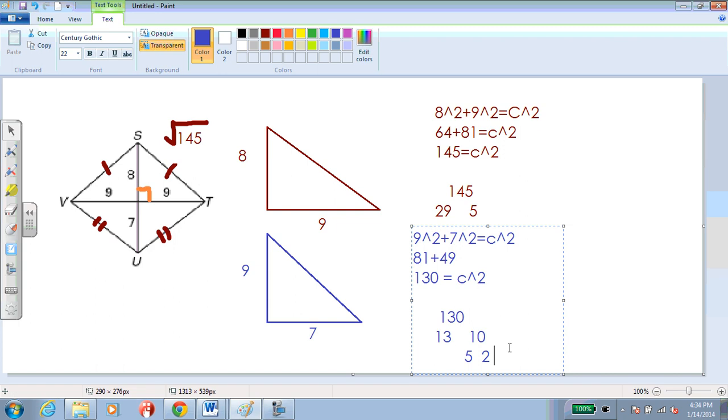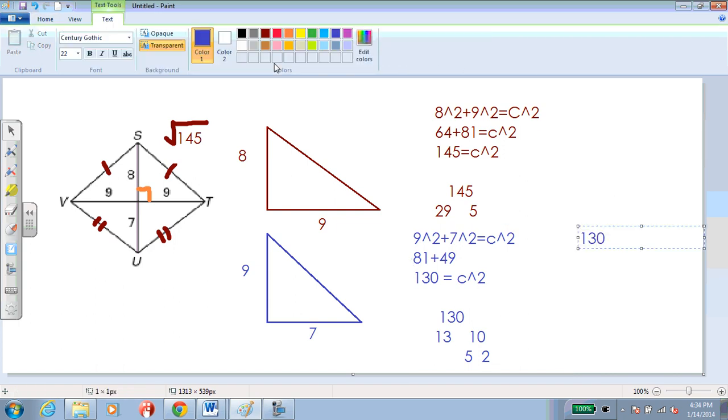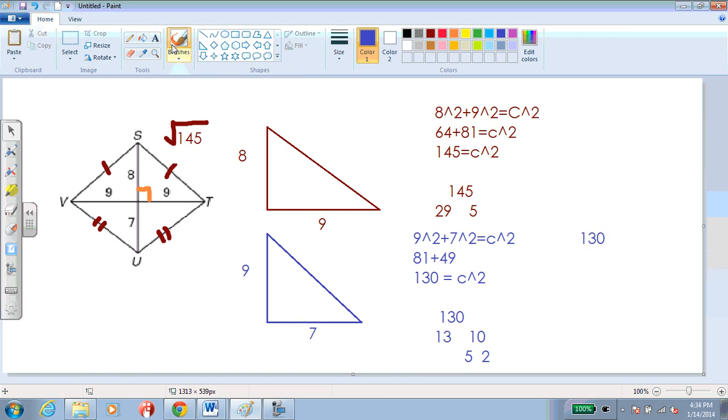So since I don't have any pairs of numbers, the square root of 130 has to be my answer. And again, since this is a kite, this will be the answer for 2 of the 4 sides. It is the answer for VU and the answer for UT.